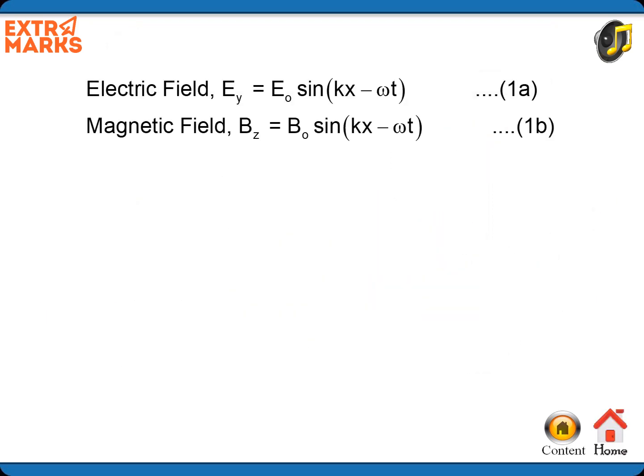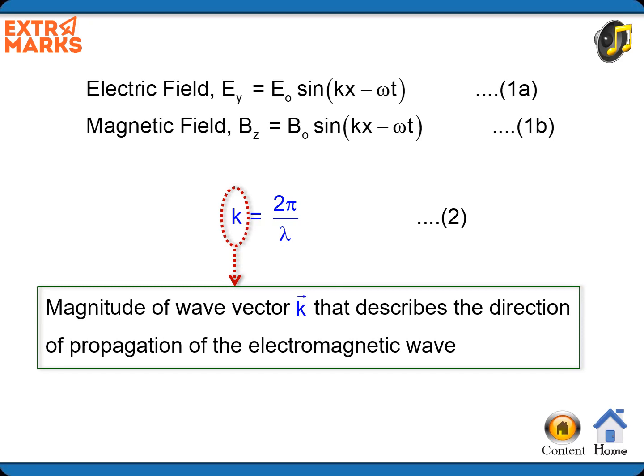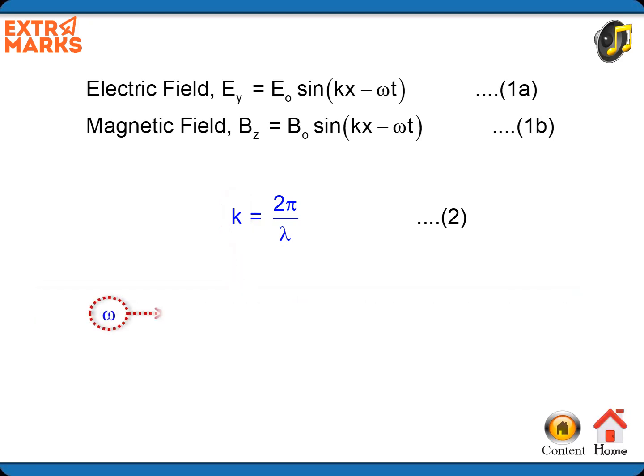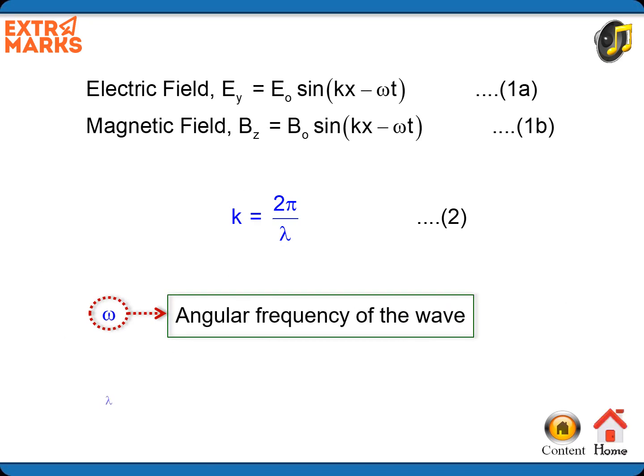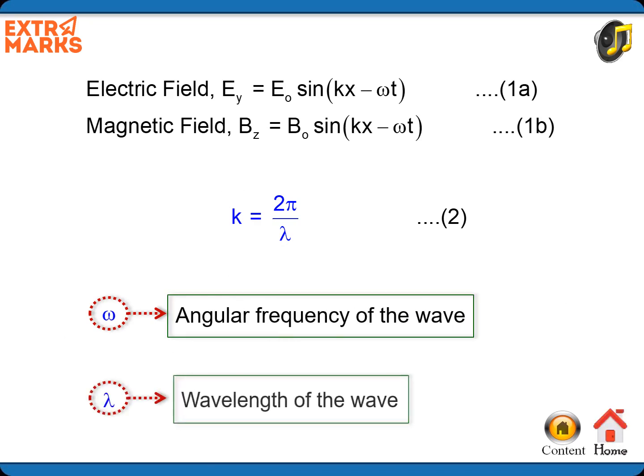Here, electric field Ey is equal to E0 sin(kx - ωt) and magnetic field Bz is equal to B0 sin(kx - ωt), where k gives the magnitude of wave vector k, ω gives the angular frequency of the wave, and λ gives the wavelength of the wave.